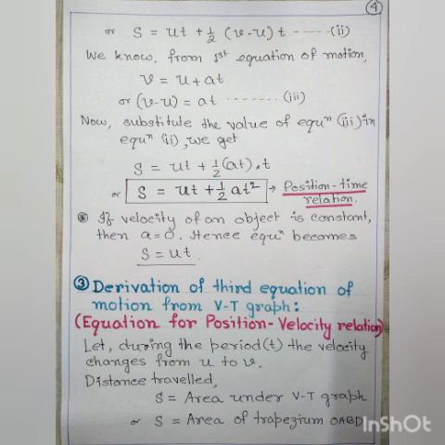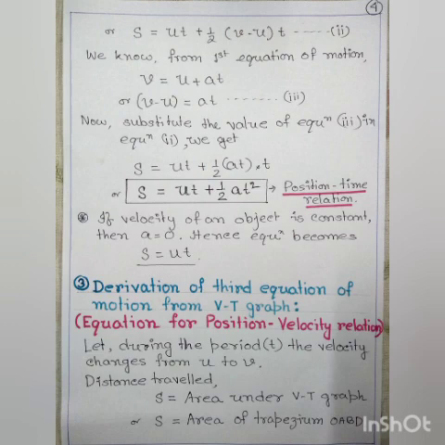Now we will start our next derivation, that is of third equation of motion from VT graph, and this third equation is also known as position velocity relation. Now let during the time period t, the velocity changes from u to v, as we have considered for this situation. Initial velocity is u and final velocity is v.